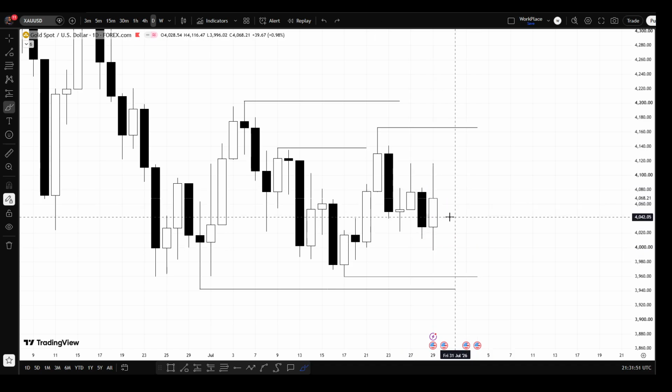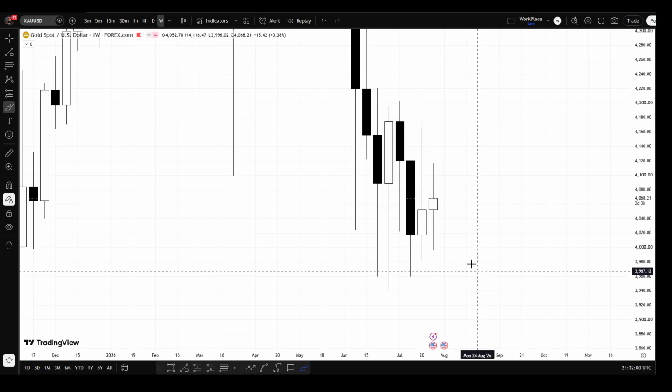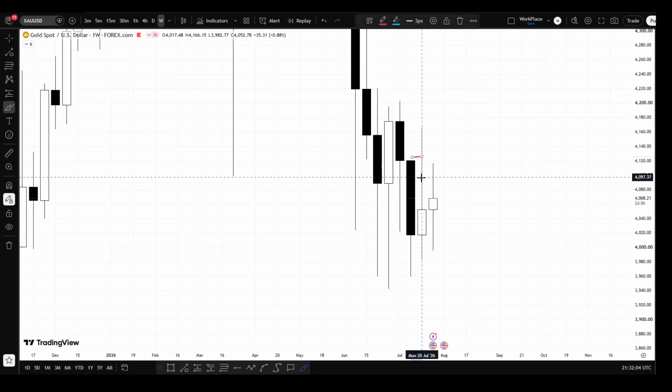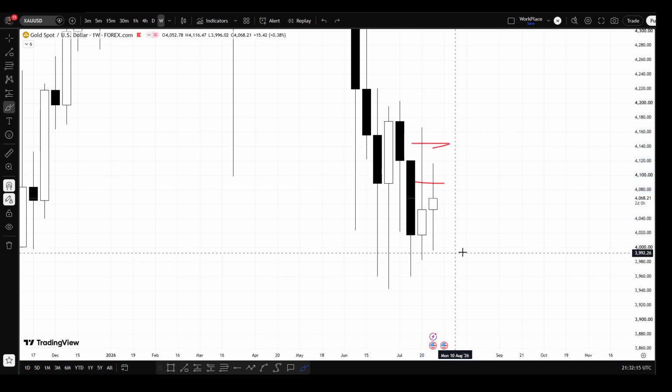So I don't have a bias on the daily time frame, but on the weekly time frame, you can see that we swept this high and then we closed below this low. All right. So I'll be looking for a selling opportunity within this weekly time frame to then carry this low. Okay.